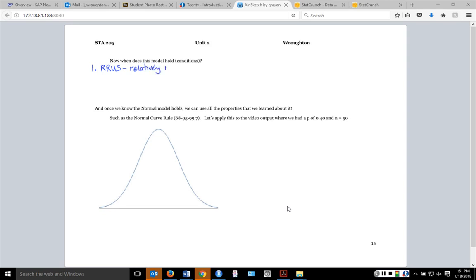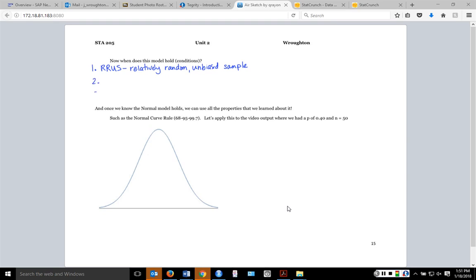That's what RRUS stands for. So it goes back to the idea of making sure we're getting our sample selected in a good way. We don't have leading questions. We don't have a non-response bias that we need to worry about. We need to make sure that we're getting things in a good way.